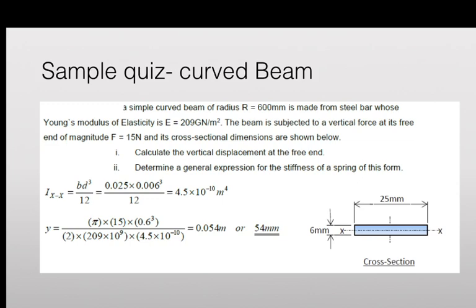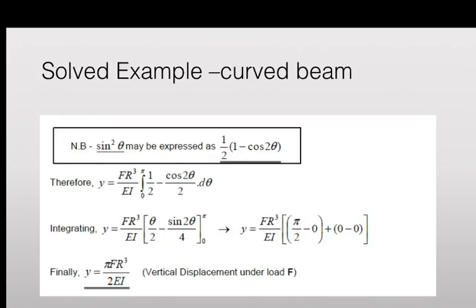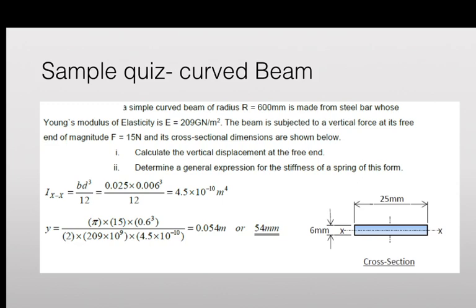Y equals the previous equation π F R cubed divided by 2 EI, which will equal π into 50, that is the force, into 0.6, which is the radius, cubed, divided by 2 E I. The moment of inertia is 4.5 into 10 to the power of minus 10, and the Young's modulus is 209 into 10 to the power of 9. So it will give the result as 0.054 meters or 54 millimeters.